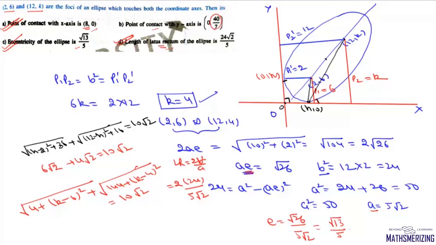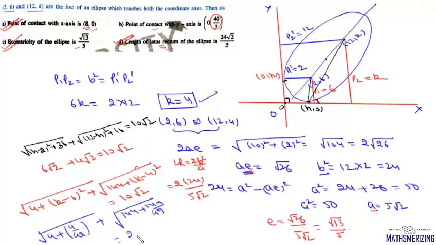Then we can write this as 4 plus (40 by 7 minus 6, that is minus 2 by 7) square, so 4 by 49, and then plus 144 and then (40 minus 28) by 7, so 12 square is 144 by 49.